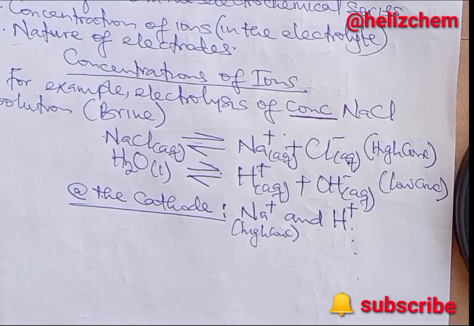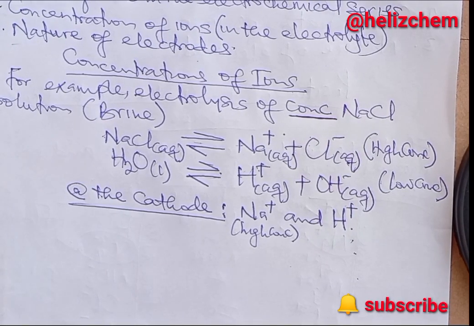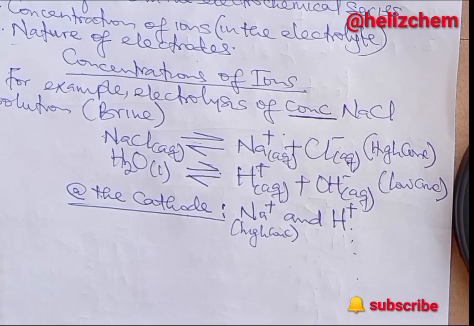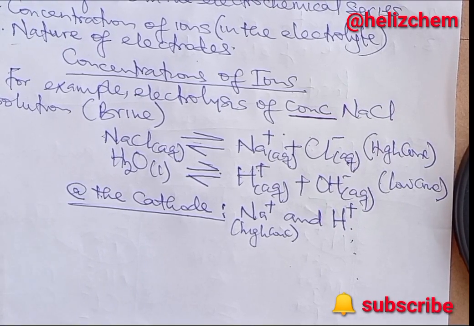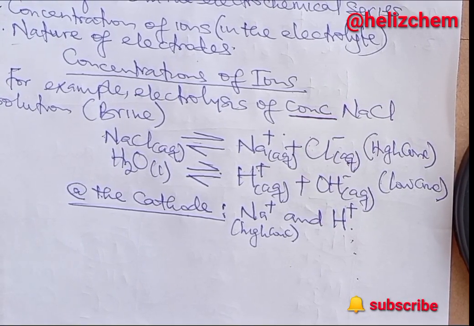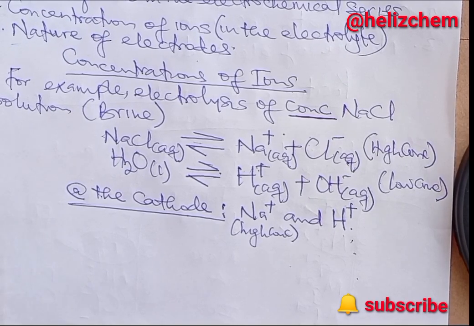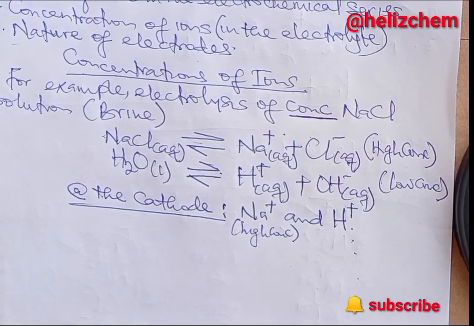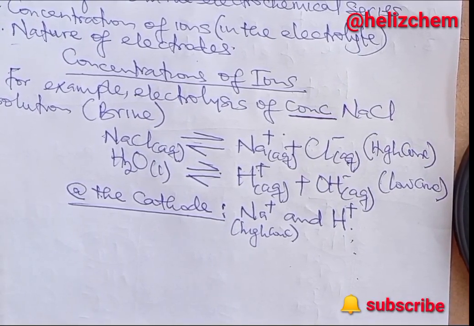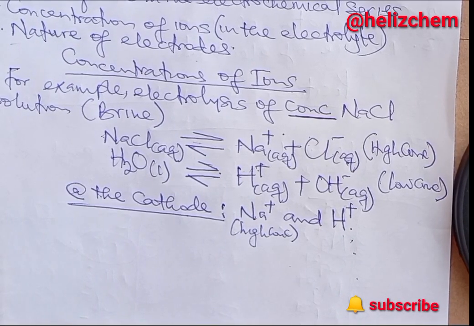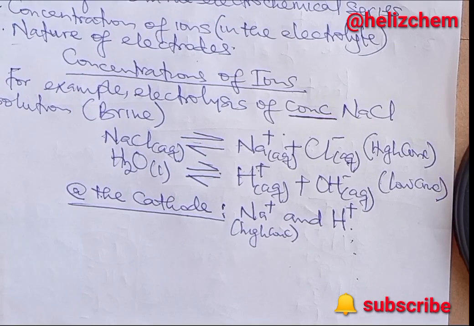So I am saying that hydrogen ion will be discharged in preference to sodium ion, because of the far distance between the position of the sodium ion and hydrogen ion in the electrochemical series, and this makes the effect of concentration to be less important.